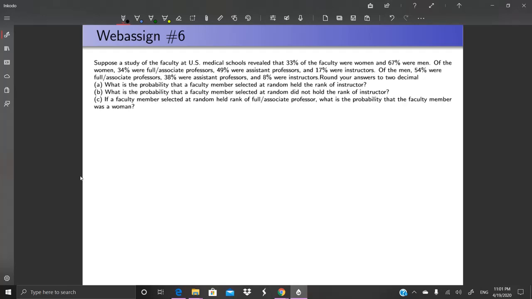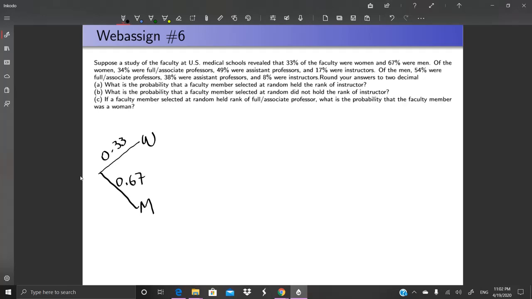Which tells us that when we draw this picture, let's say we put the women up here and the men down here, right? So that's the first part. Men and women, we've partitioned our sample space. So there's a 33% chance that it is a woman, and a 67% chance that it is a man.